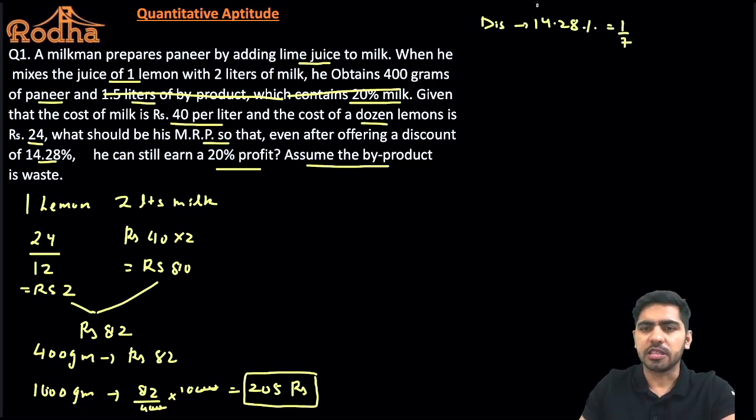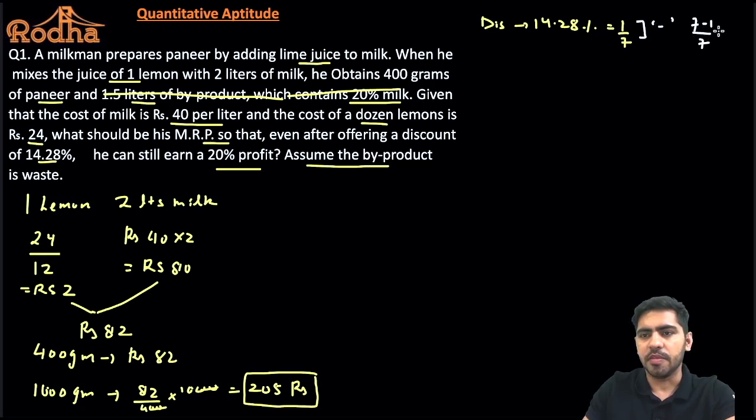Whenever he's offering a discount, it's a percentage decrease, so I subtract the numerator from the denominator to get my multiplying factor: 7 minus 1 upon 7, which is 6 by 7. And he wants to earn a profit of 20%.